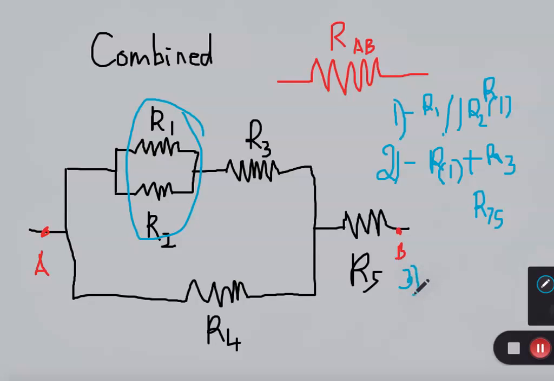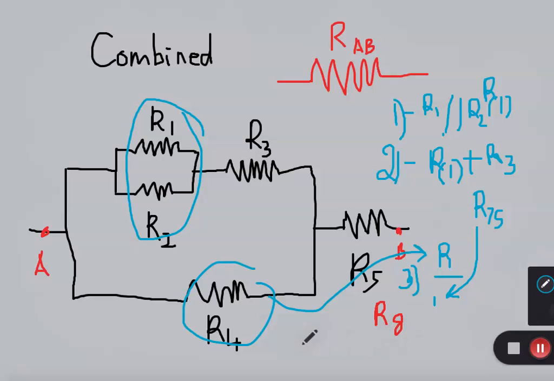Once you have those two, what you can do is just make a parallel between R4 and R5. Let's call that just R8.